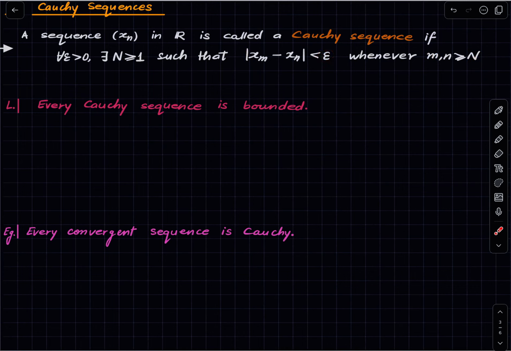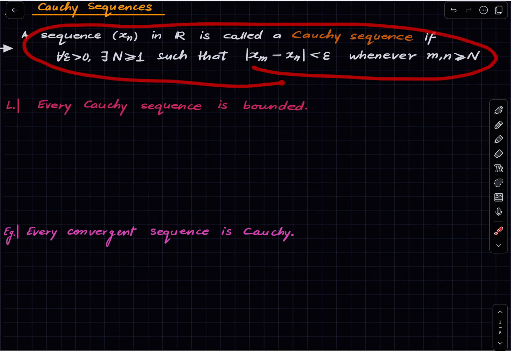That sounds like a very strong property, right? If you try to visualize what this is saying, you will see that there is some epsilon band such that beyond a certain point, any two elements of the sequence are within that epsilon band. So I'm trying to depict the graph of the sequence. Anyway, you should maybe pause for a moment and think about what this is trying to say.